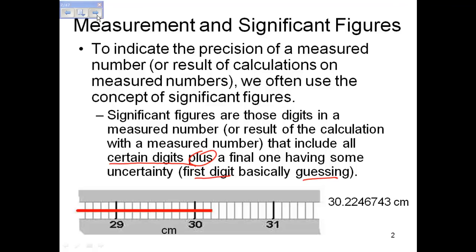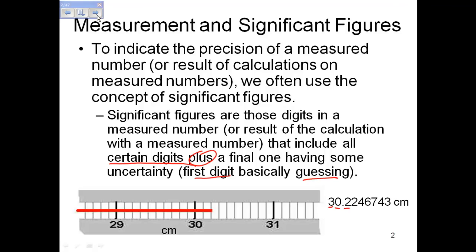Are we certain that that line is greater than 30 centimeters? Yes. So we're certain of this 3 and this 0. Are we certain that that line is greater than 30.2 centimeters? Once again, the answer is yes. We're certain of that 30.2.